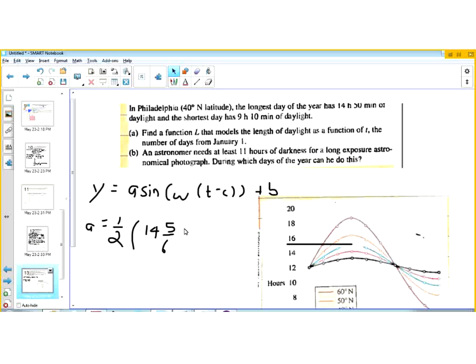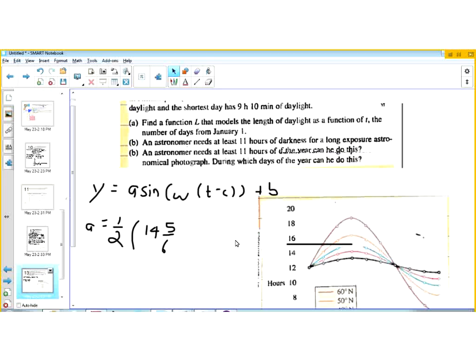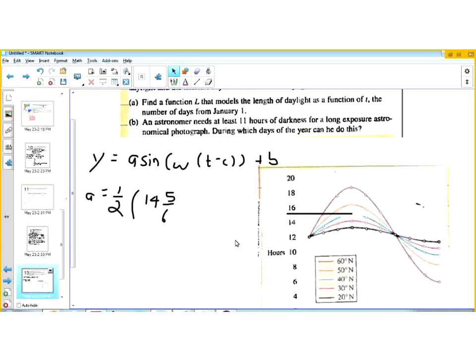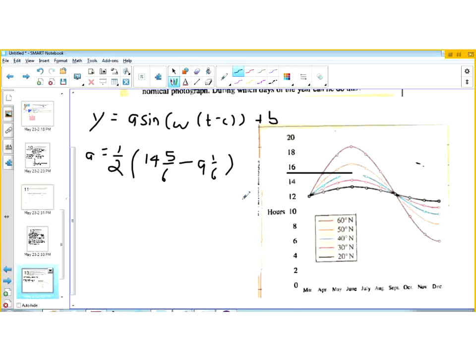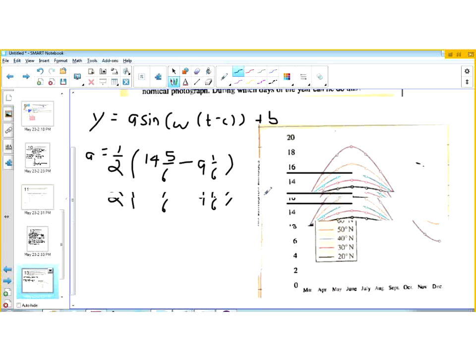And then the minimal value would be below the average value. To calculate A, you take the maximal value and subtract the minimal value, which is 9 hours and 10 minutes, which is 1/6.